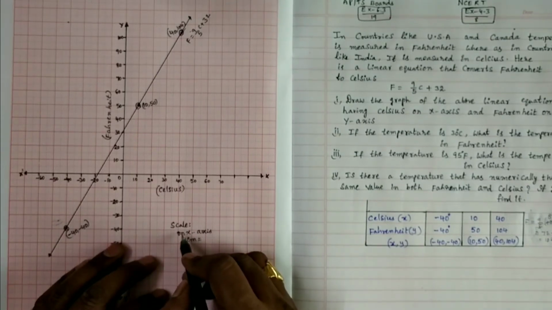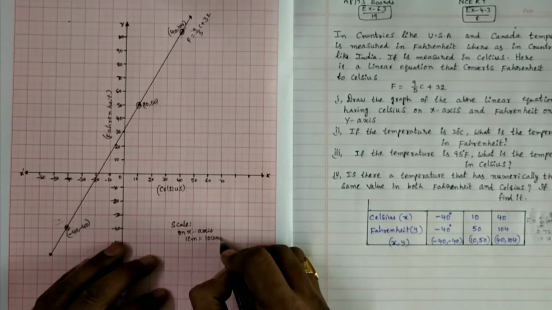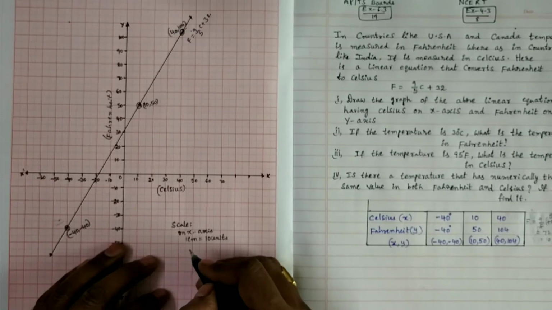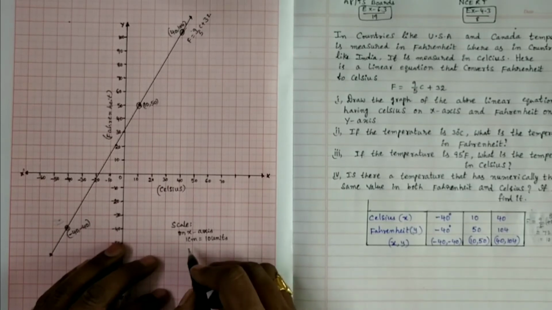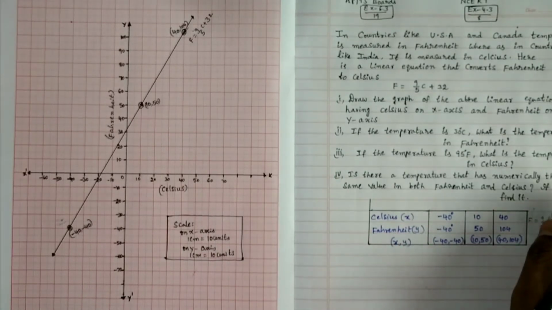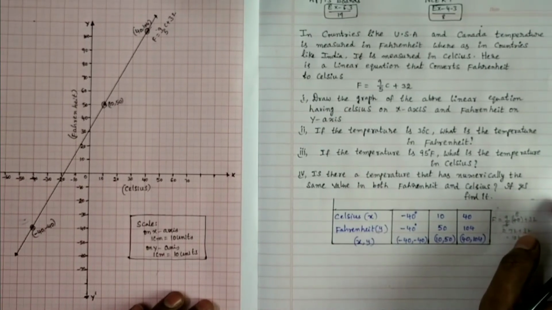Scale on x-axis 1 centimeter as 10 units, and on y-axis 1 centimeter as 10 units. And the problem is not finished. Some questions are asked here. Let us observe that.